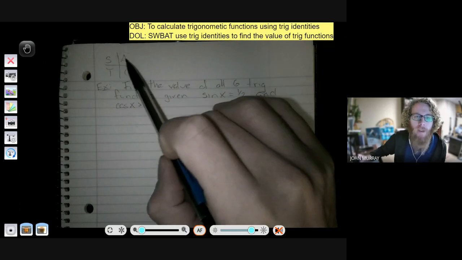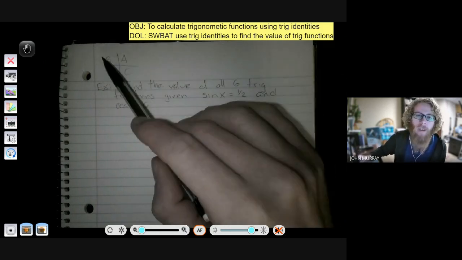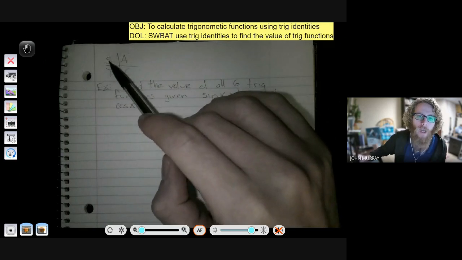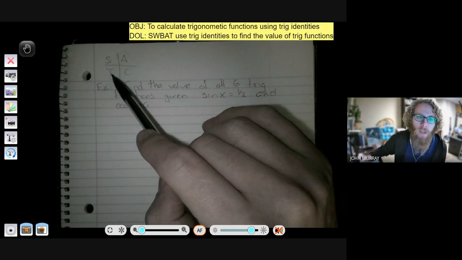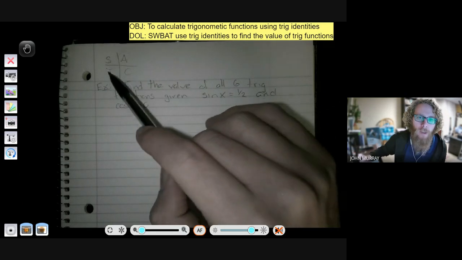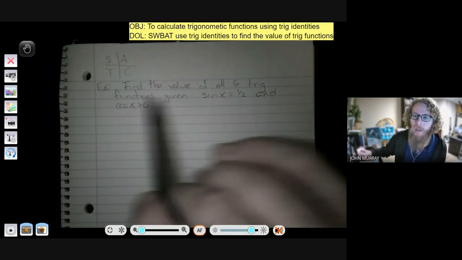In the first quadrant, everything is positive: sine, cosine, tangent, cosecant, all that. In the second quadrant, sine and cosecant are positive. In the third quadrant, the example we saw just before, tangent and cotangent are positive. And down here in quadrant 4, cosine and secant are positive.